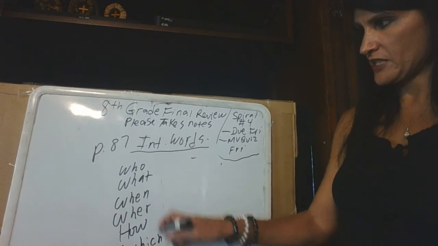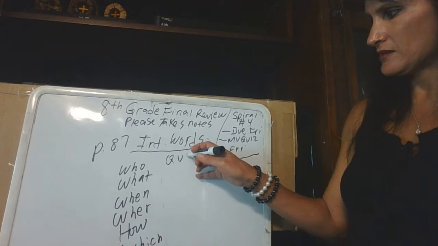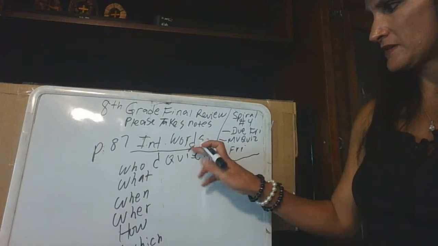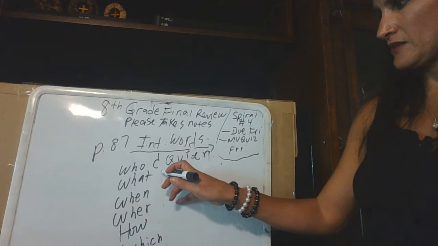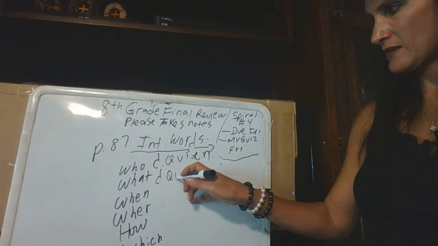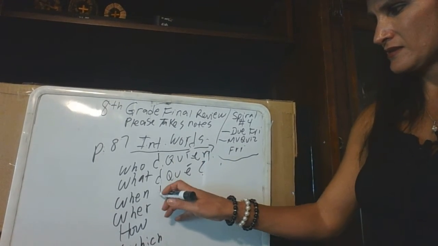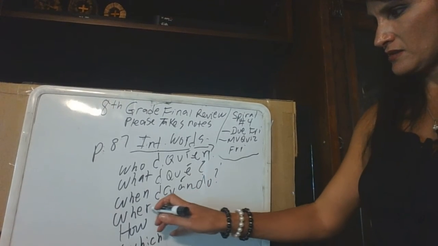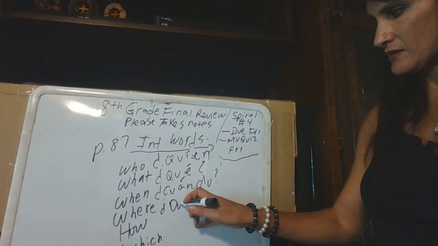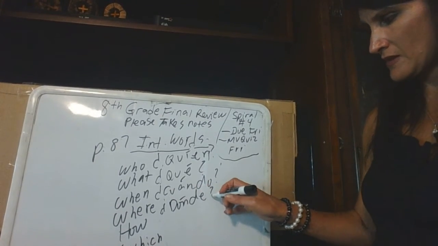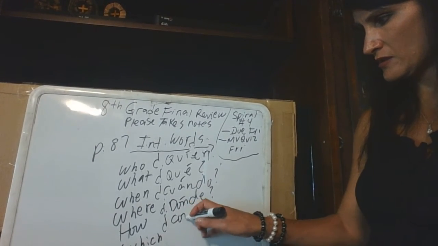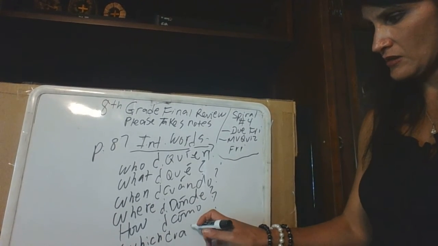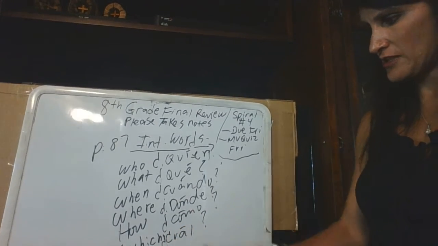Page 87: ¿quién?, with an accent and a question mark, ¿qué?, ¿cuándo?, ¿dónde?, ¿cómo?, and ¿cuál? ¿Cuál is which, like which book is it?